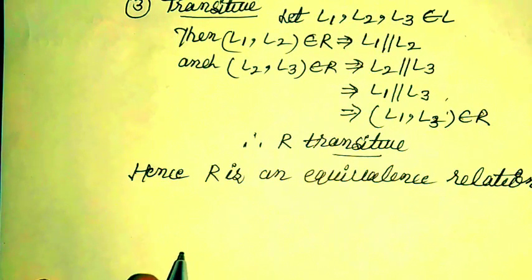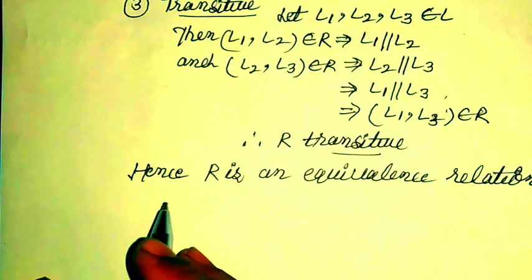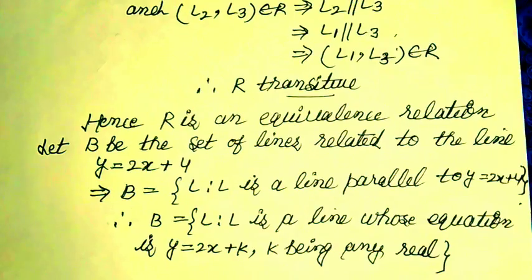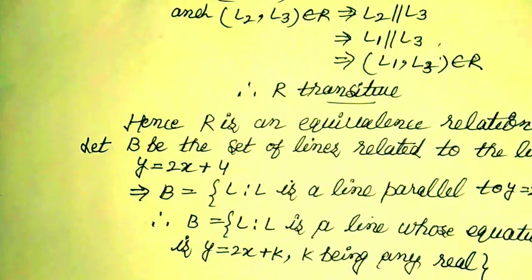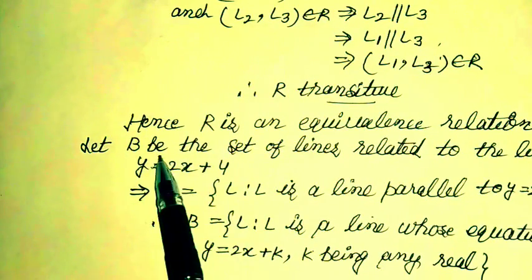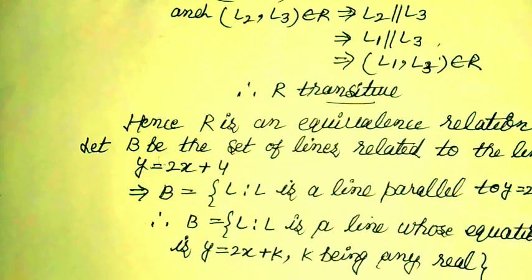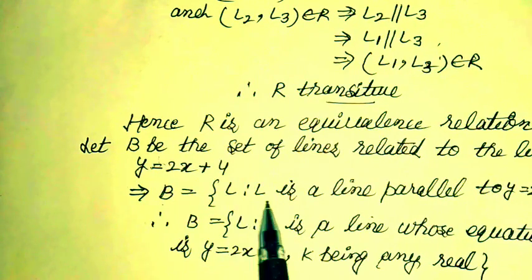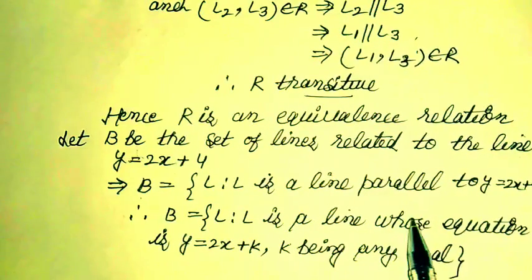Now the second part of this question: find the set of all lines related to the line y equals 2x plus 4. For this, let B be the set of lines related to the line y equals 2x plus 4. So B is the set of L such that L is a line parallel to y equals 2x plus 4.